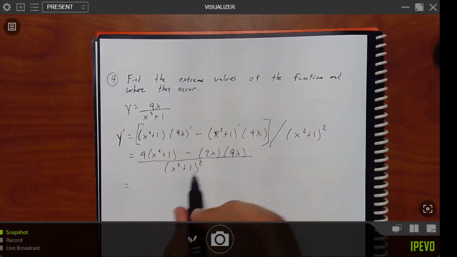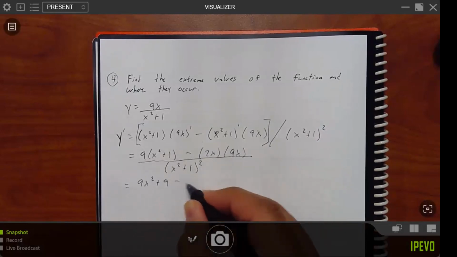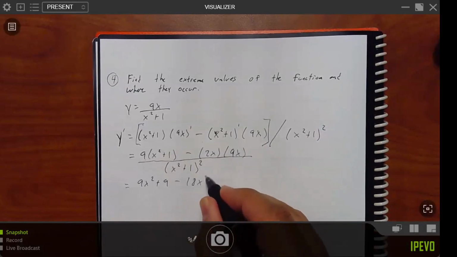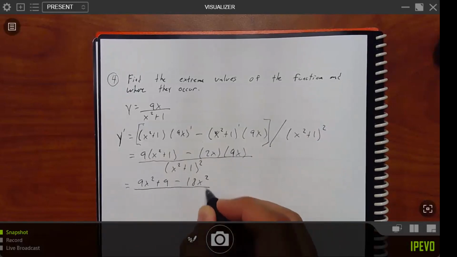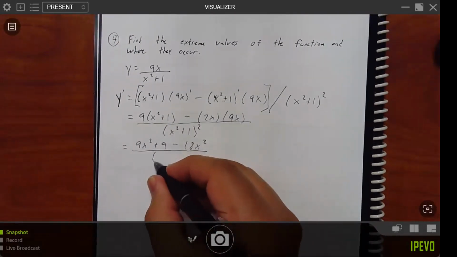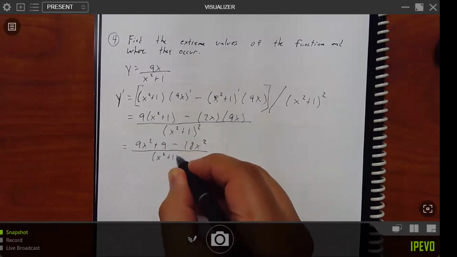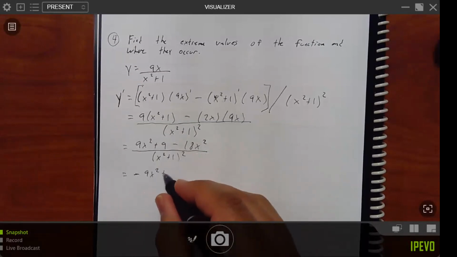Okay, so multiply this out, that'll be 9x squared plus 9 minus 18x squared. So that'll be negative 9x squared plus 9.